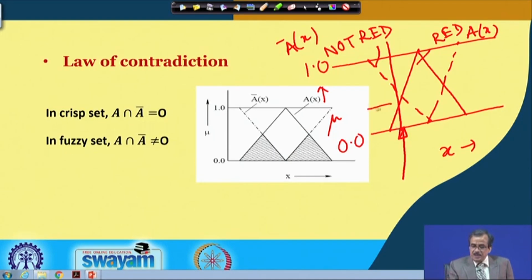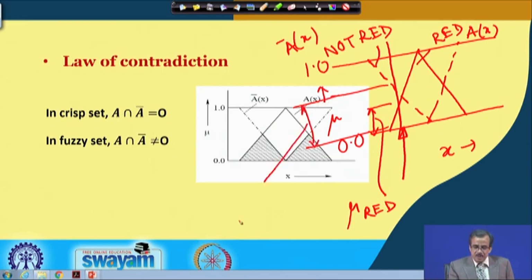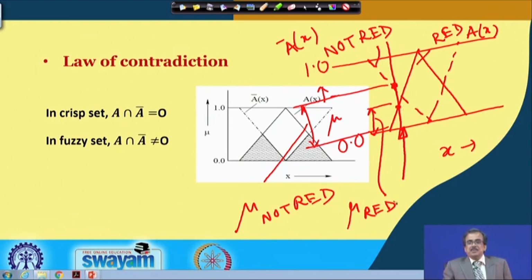Now, this particular value of mu is nothing but that it is red with the membership function value, say mu red, and it is the same color, it is not red with another membership function value, and this particular value is nothing but mu not red. So, corresponding to this I will be getting mu not red, and here corresponding to the red color I will be getting the mu red.